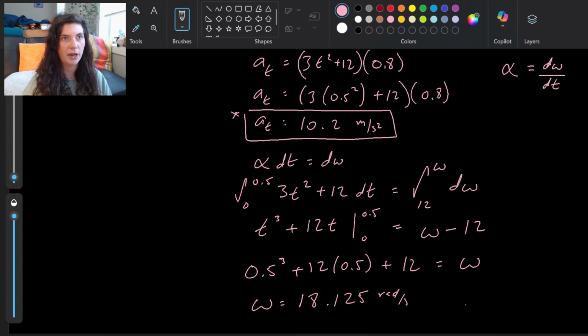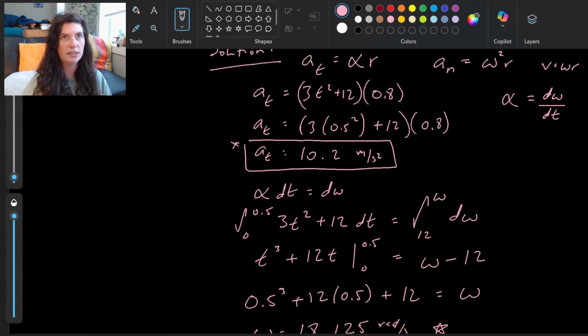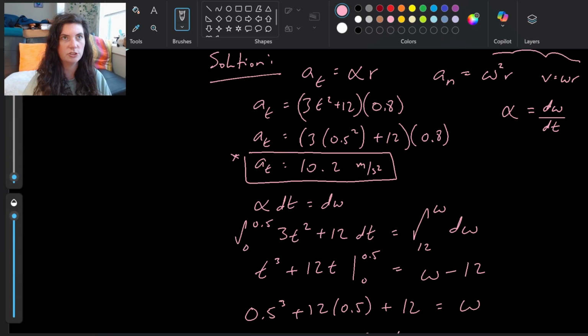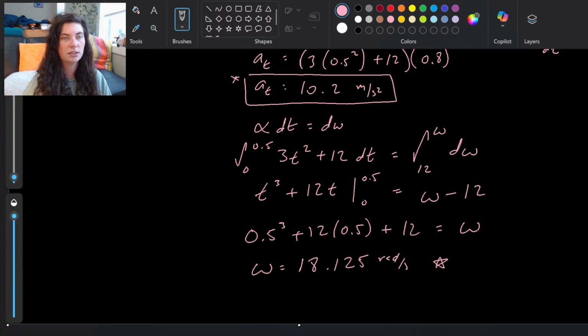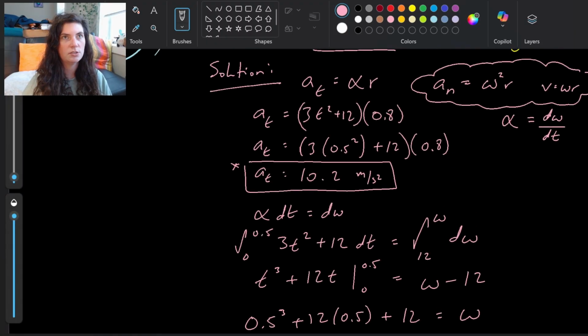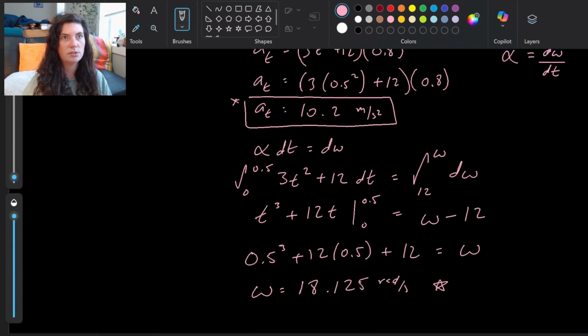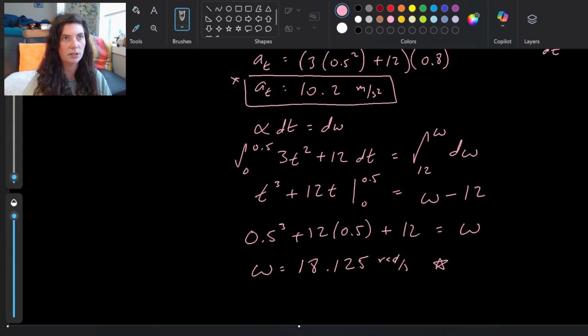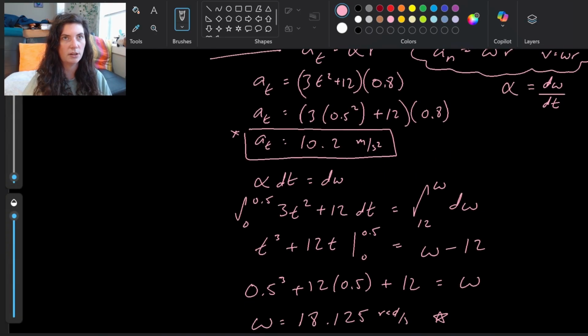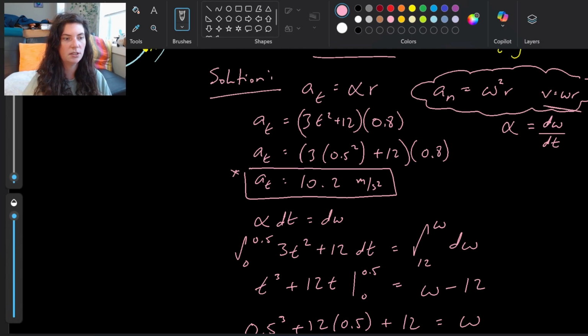So this guy is super handy, right? Now that we have this, we can use him in both of these relationships up here for our normal acceleration and for our velocity. It doesn't matter which one you do first. You can do the velocity if you want to, or the normal acceleration. I'll do velocity here.